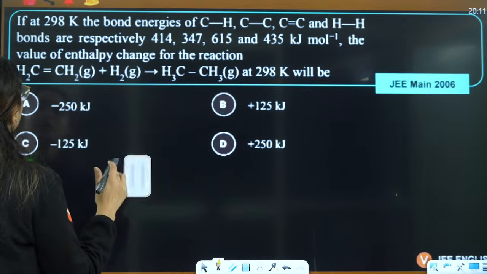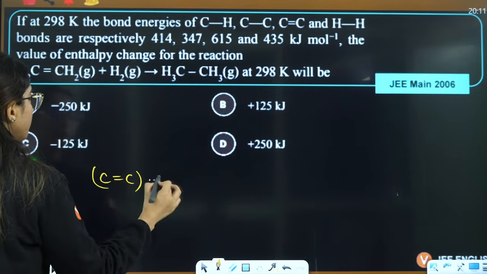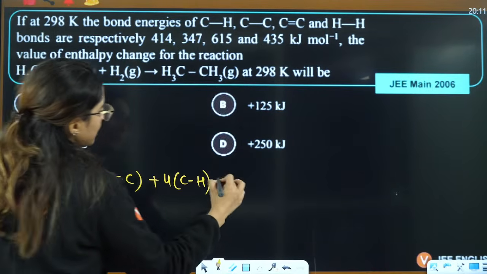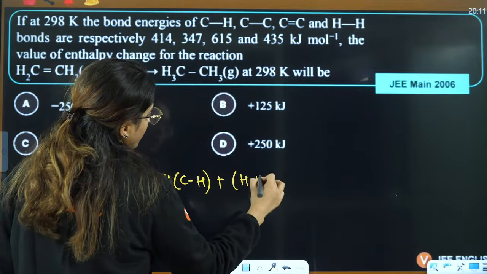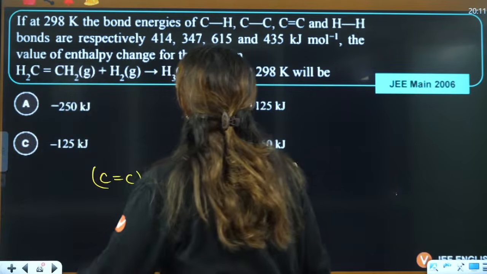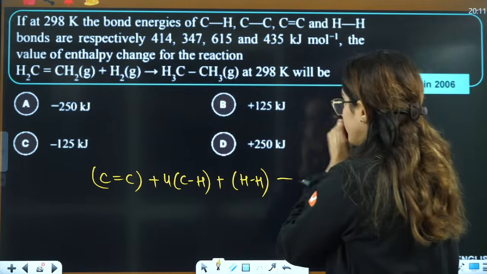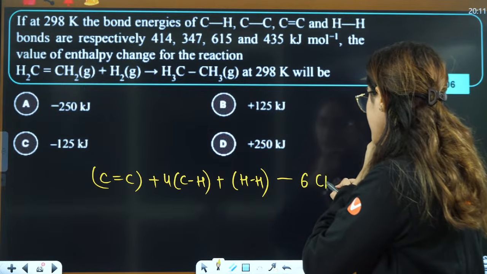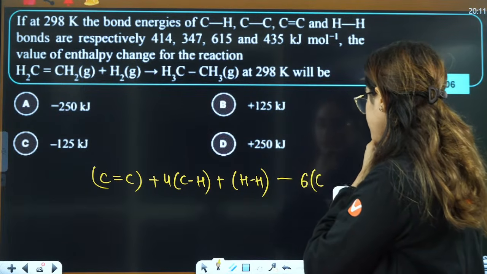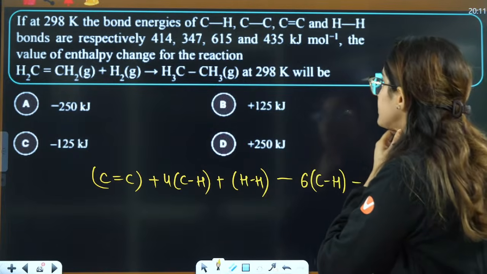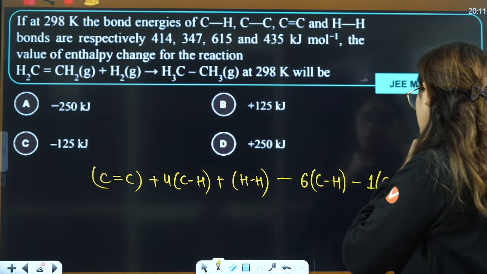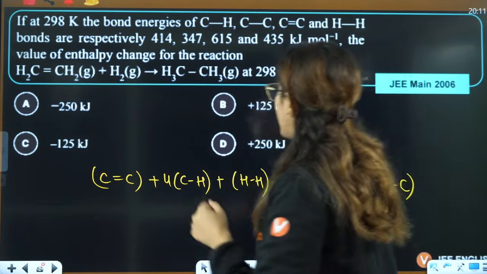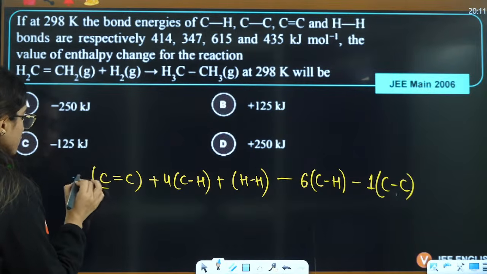That means the bond enthalpy of C double bond C, plus 4 times CH, plus the HH bond enthalpy, minus the products, which are 1 CC bond and 6 CH bonds. So 6 times CH bond, minus 1 CC bond. That is your delta H of reaction.